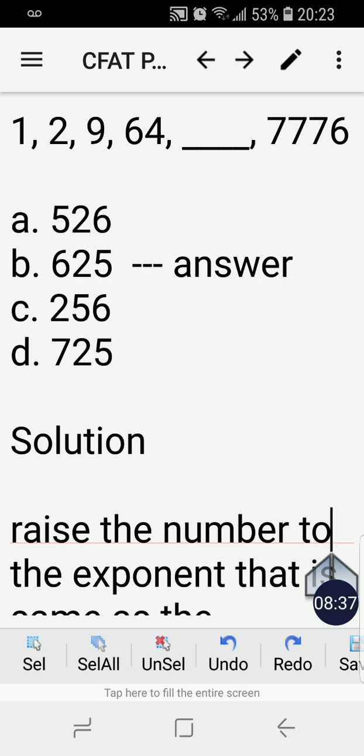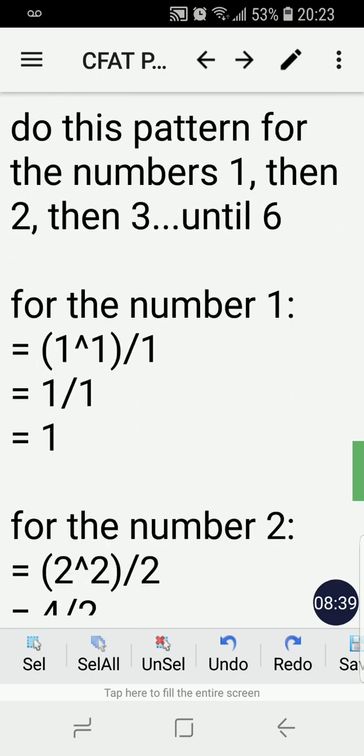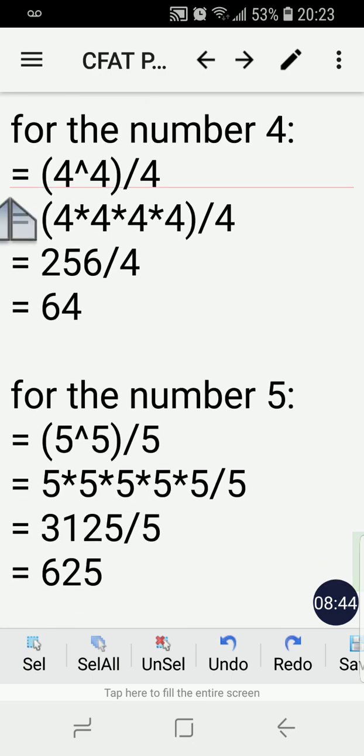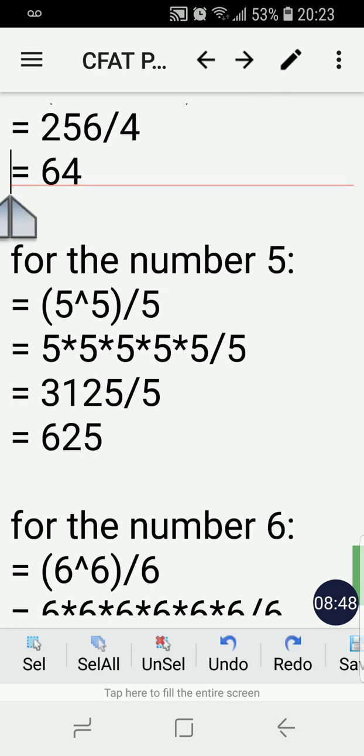So now we have the blank. What's the answer to the blank? It's for the number 5. To get to the number 5, we raise 5 to the 5th power divided by 5.